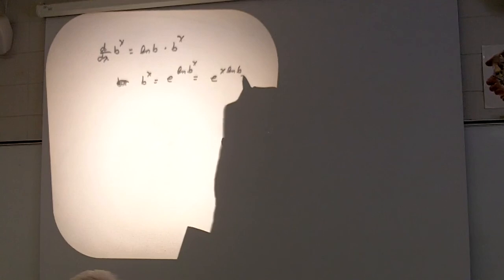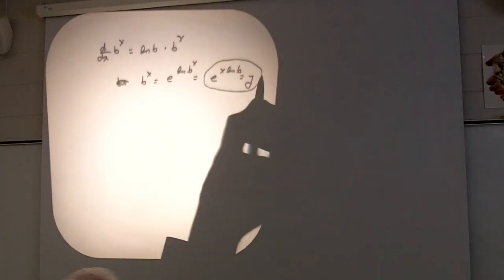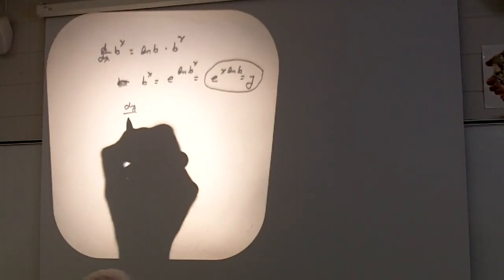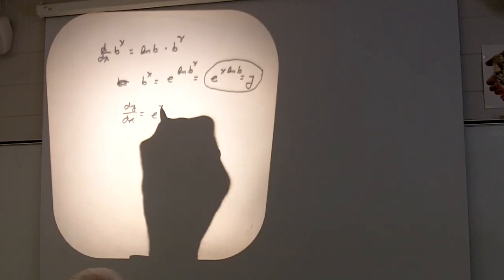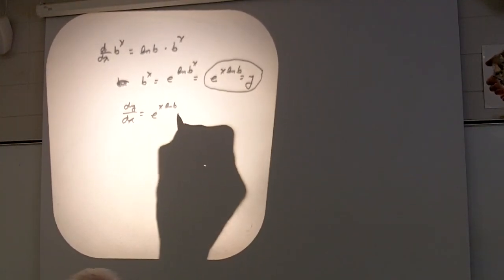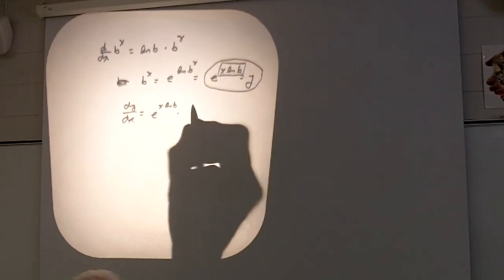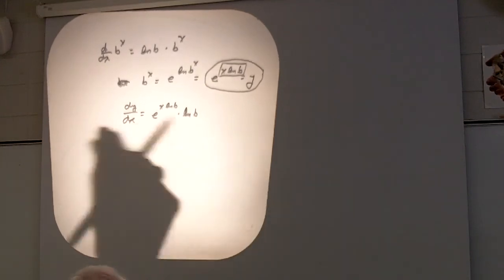Okay, so I'm going to make this equal to y. So I've done all that stuff, and now I'm here. Now to find the derivative of that, dy/dx is equal to this thing, which is e to the x ln of b, times, and what's the derivative of this? x ln b. Yeah.